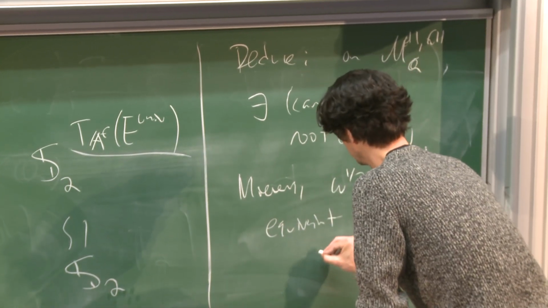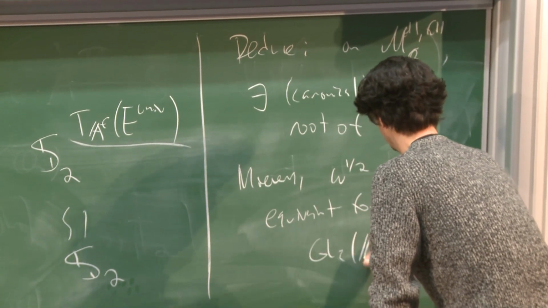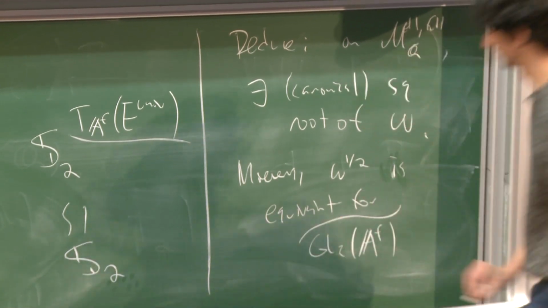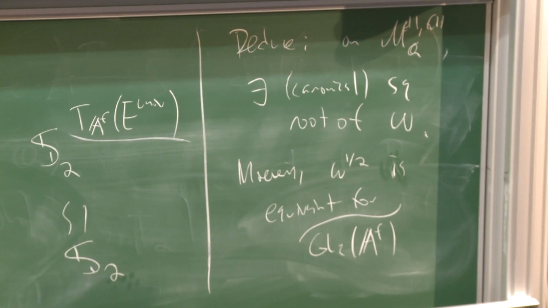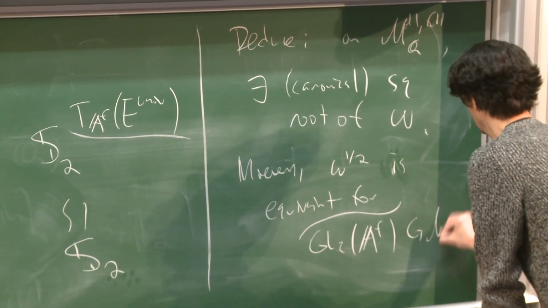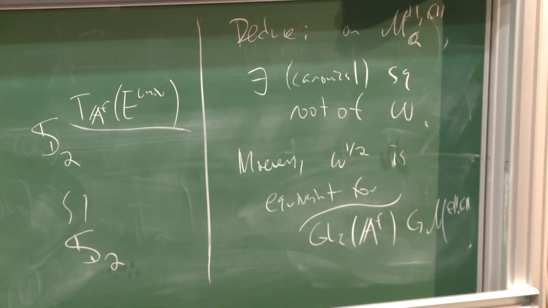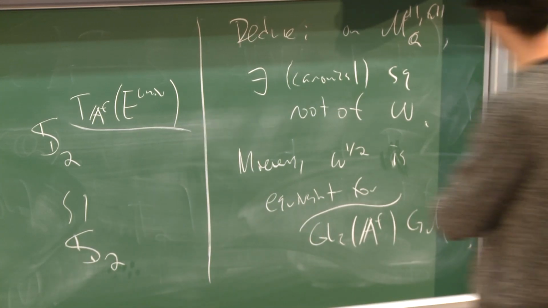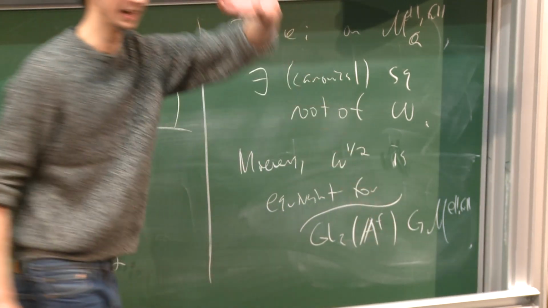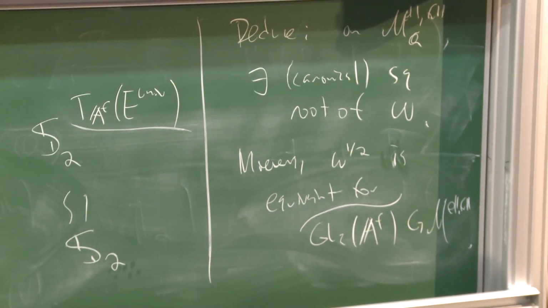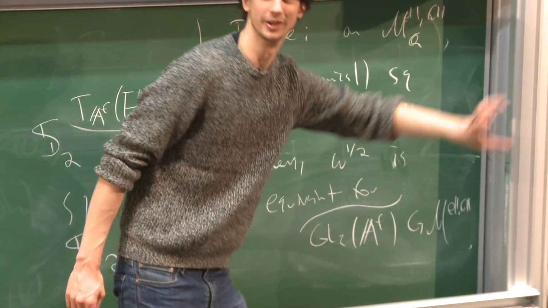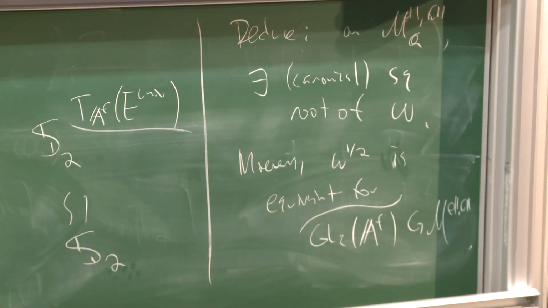for this, so GL2 of the finite adels, this double cover of GL2 of the finite adels acting on the moduli stack of elliptic curves with full level structure. So on the moduli stack of elliptic curves with full level structure, you have GL2 of the finite adels acting by changing the level structure. In particular, you have this central extension acting, and omega is equivariant for the non-central extension one, which is why you have Hecke operators on modular forms from an algebraic perspective.